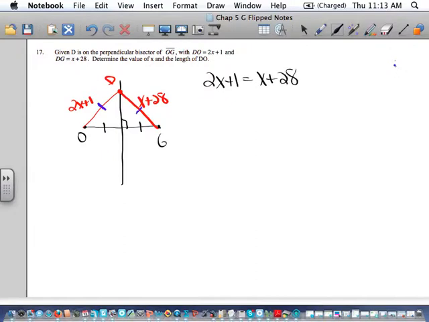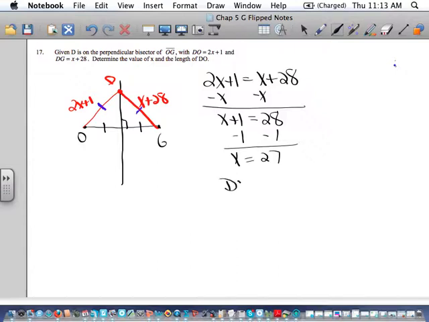Subtract the x from both sides, we get x plus 1 equals 28, and then subtract the 1 from both sides, you're going to get x is equal to 27. Substitute that back in. So DO is equal to 55. Okay?